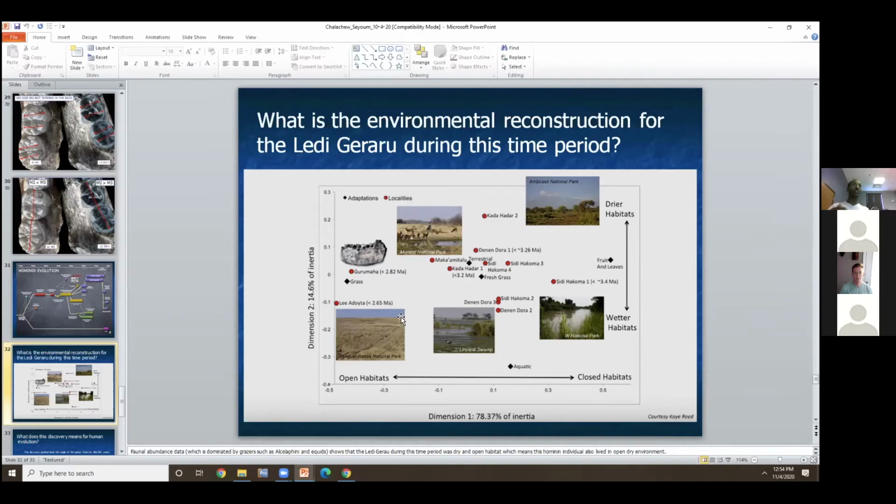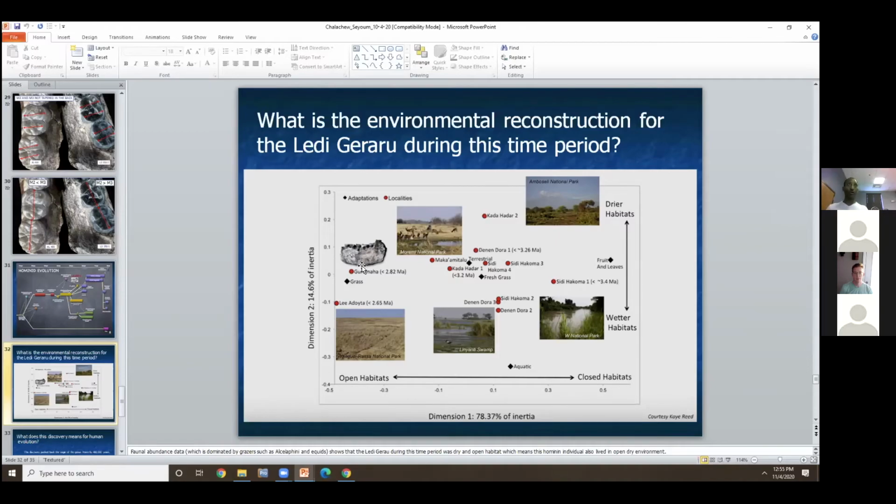Using faunal abundance data, you can see this is Ledi-Geraru. This is also drier and wetter. The areas in the upper side of this image are dry, where the Ledi-Geraru specimen falls.